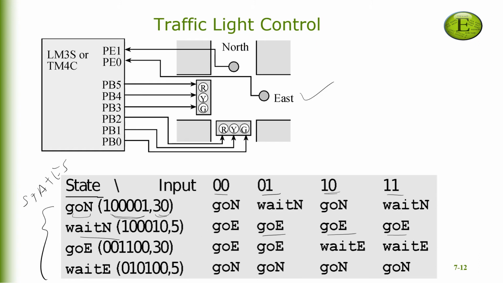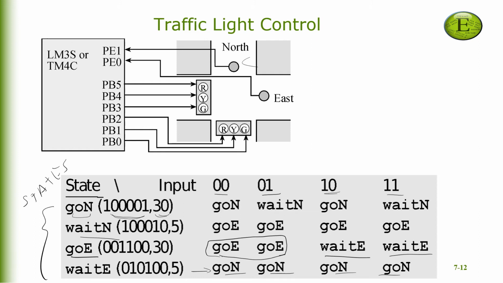But then if you are in the go e state, then we can go to the wait e state if there are cars on the north road. But we keep the same state, we do not go to a different state, if there are no cars on the north, 0, 0. And finally, the wait e state necessarily goes to go n regardless of the input.